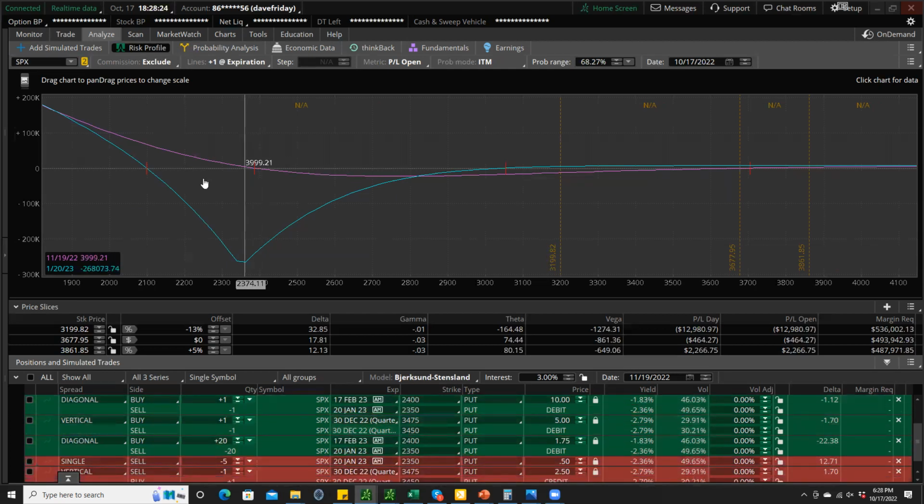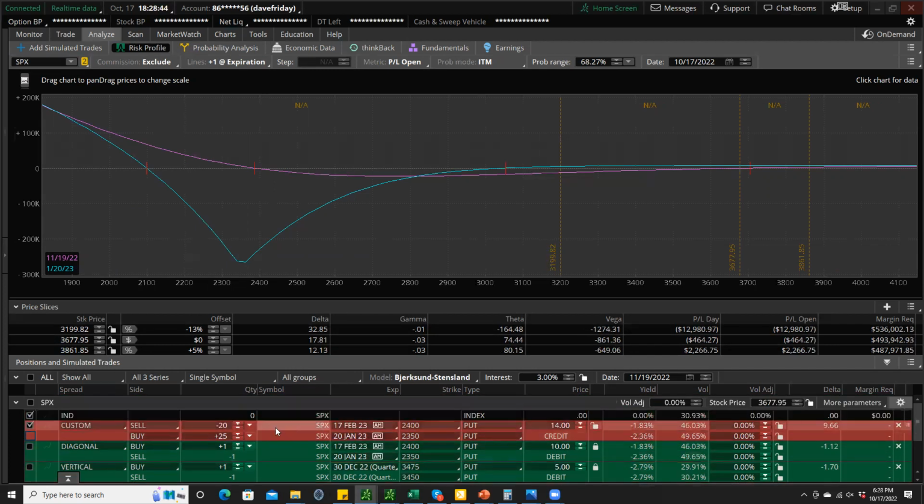All right, so let's take a look at something real quick. This expires in February and in January. We know we're never, ever, ever going to hold this trade to expiration of either side, neither the long side nor the short side. Neither one of those are ever going to reach expiration. We're going to close this trade before that happens.